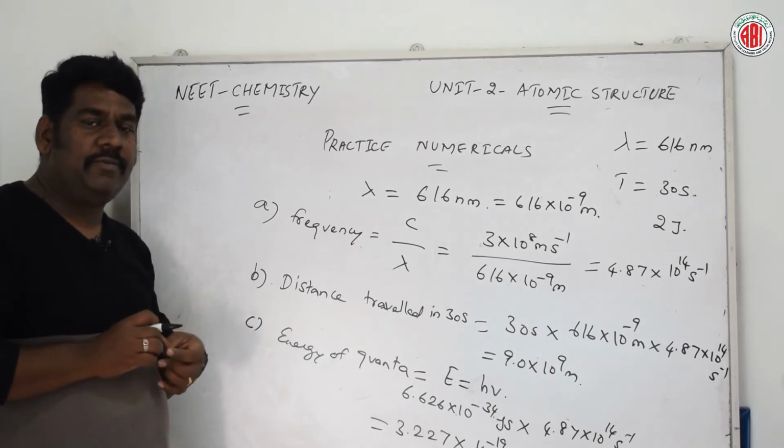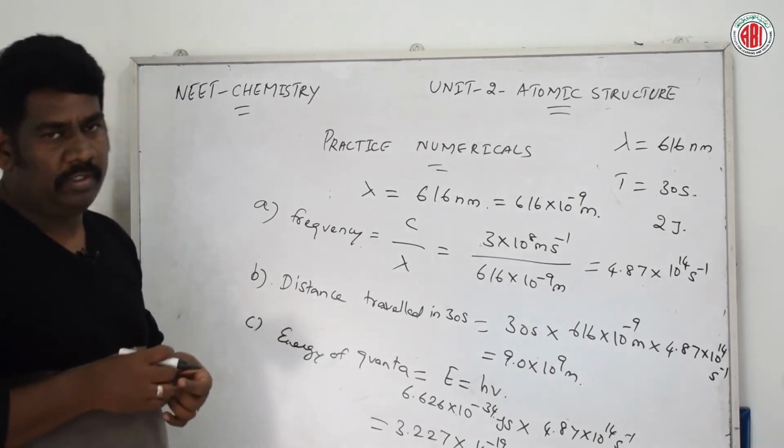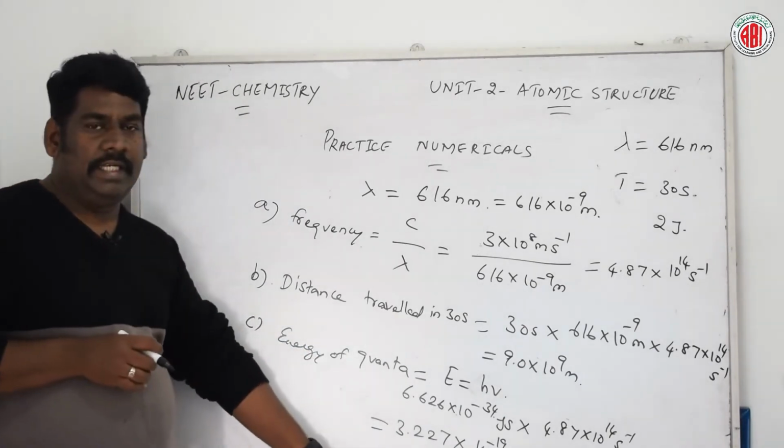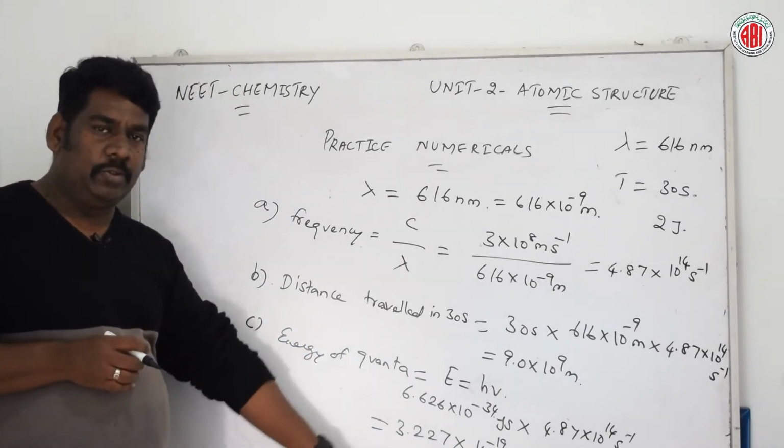Now let us see number of quanta which is produced in 2 joule of energy. Okay. So energy of quanta we know. Then let us find the number of quanta produced in 2 joule of energy.